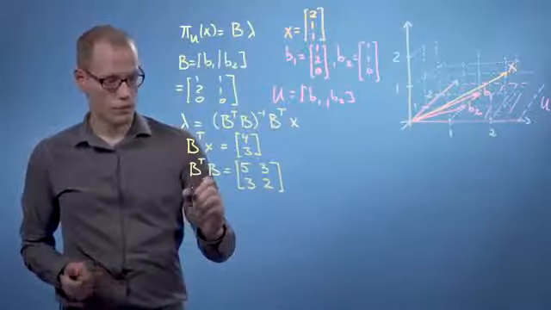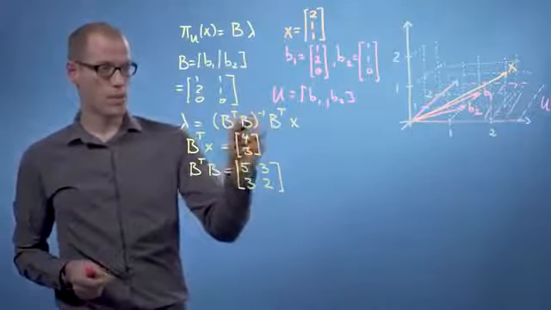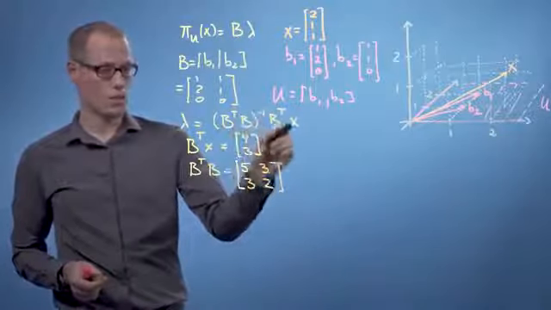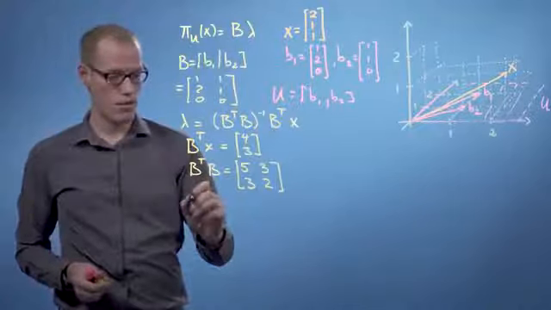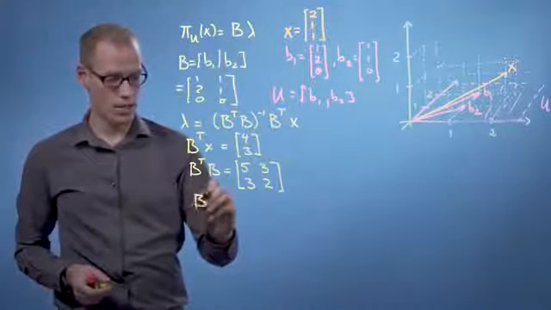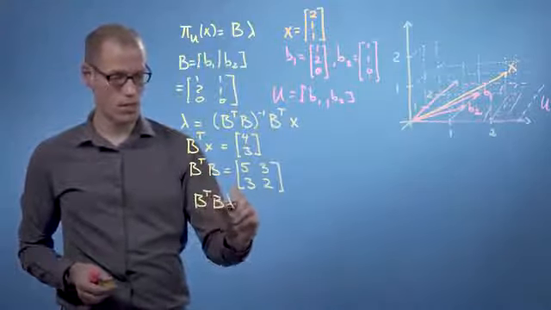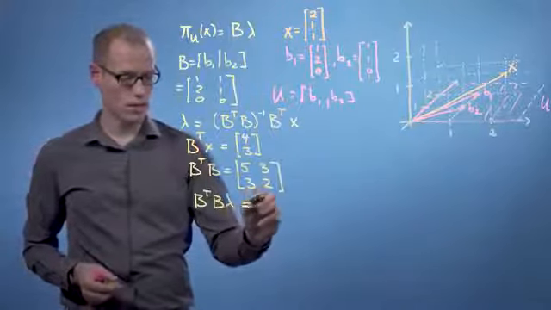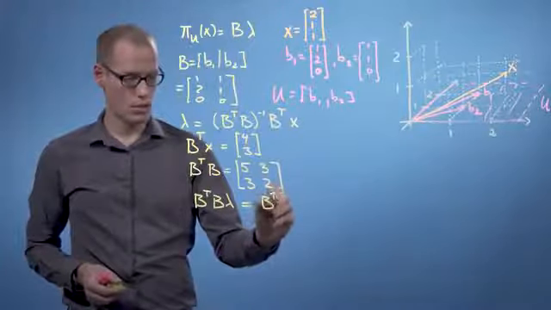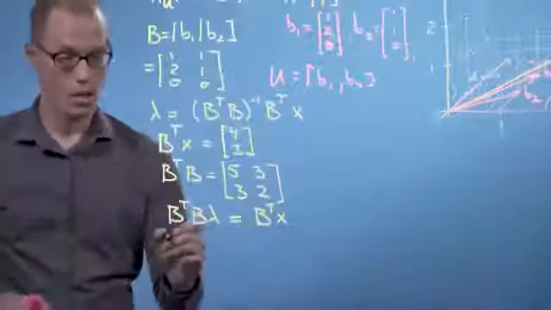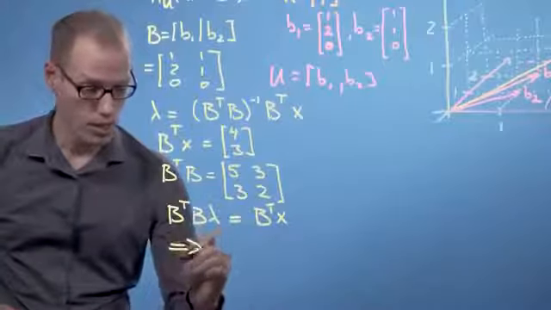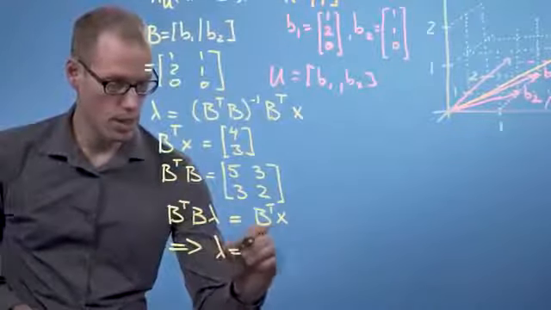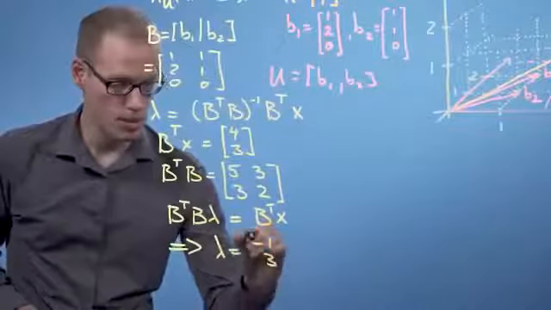Now we solve for lambda as (B transpose B) inverse times B transpose x, which means we find lambda such that B transpose B lambda equals B transpose x. Using Gaussian elimination, we arrive at lambda equals (-1, 3).